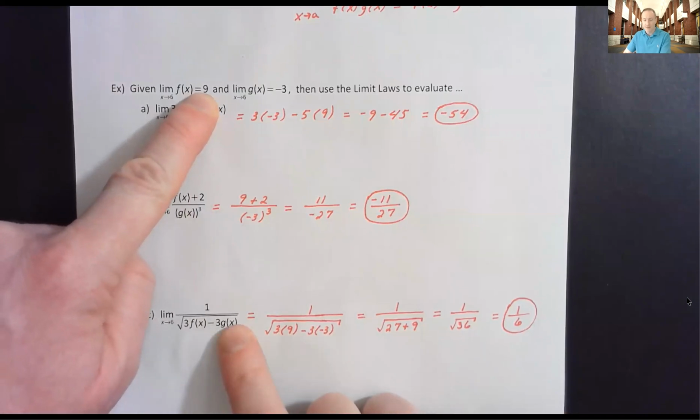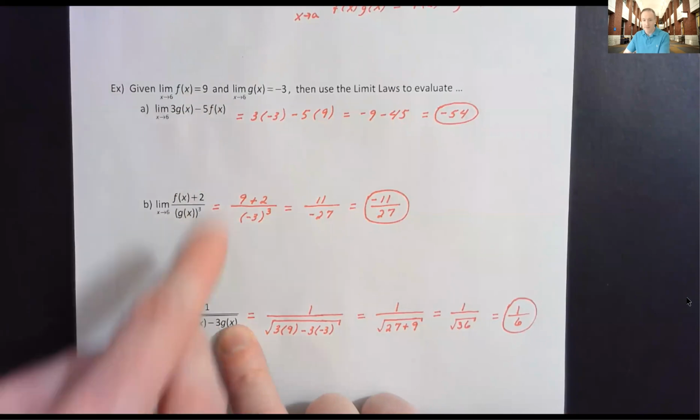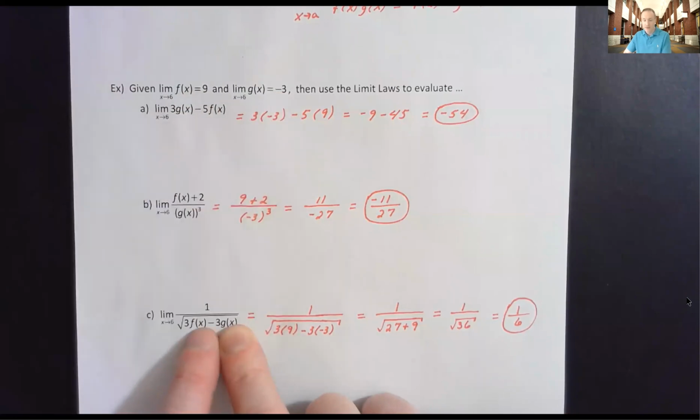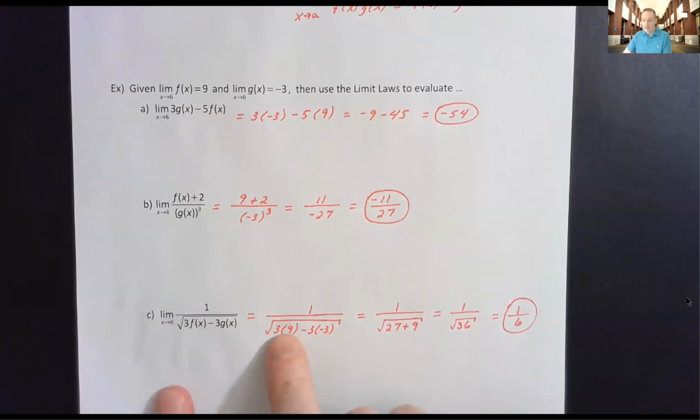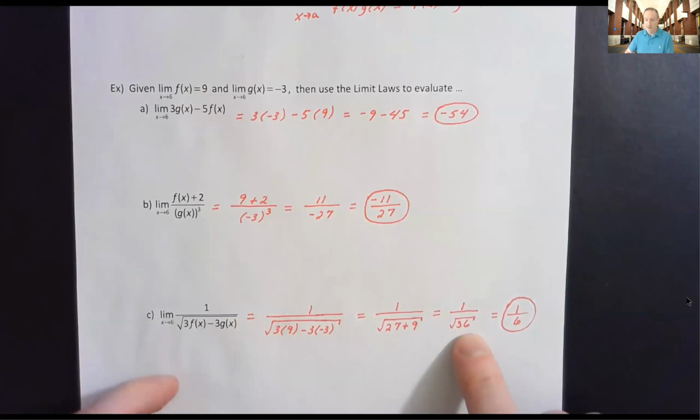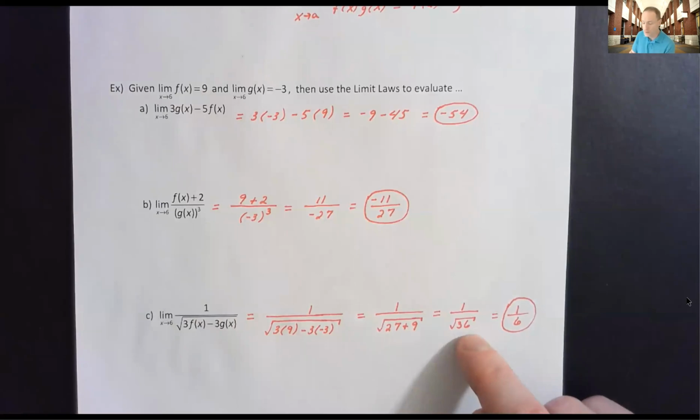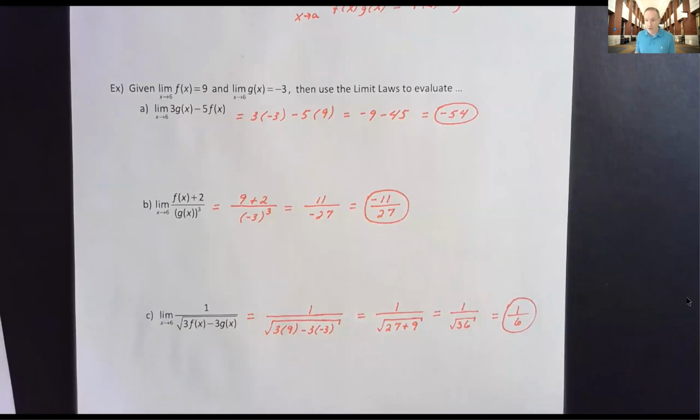Minus 3 times the limit as x approaches 6 of g of x, we know is negative 3. So I had inside that square root 3 times 9 minus 3 times negative 3. That ends up giving me 27 plus 9. And I know 27 plus 9 is 36, so we ended up with 1 over the root of 36, which is 1 over 6. Now, you're thinking, there's got to be more to this section, right?